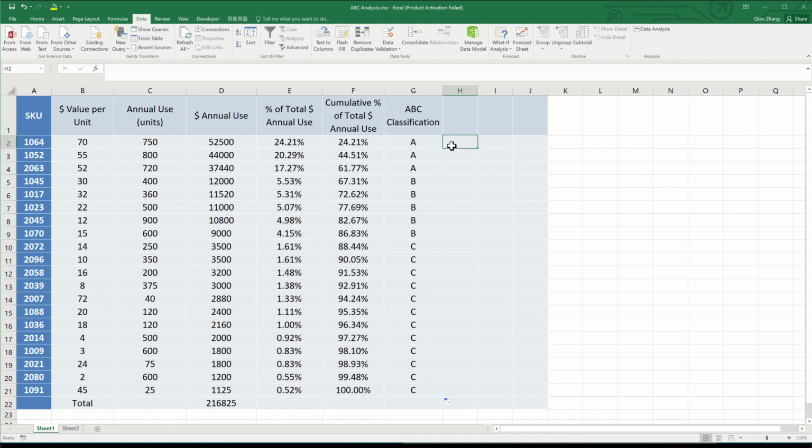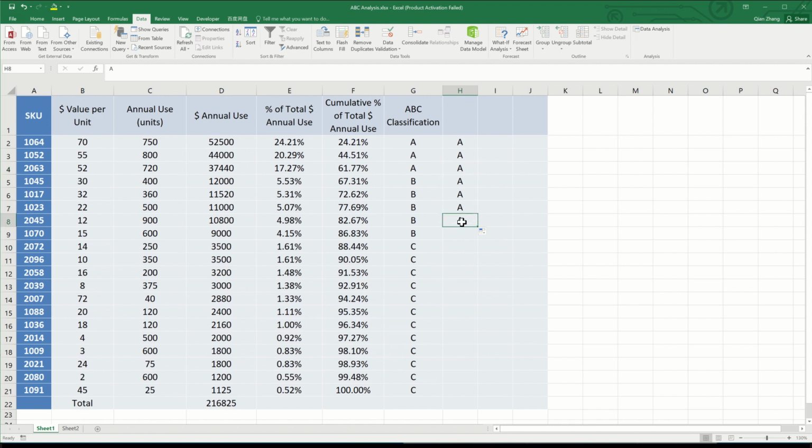So you can mark the A category for the first SKU to the 82 or to the 77. Basically you need to have an idea that you want to find the inventories which are the most important. So you always want to find which inventories take up most of the total values. So this is another way you can use.